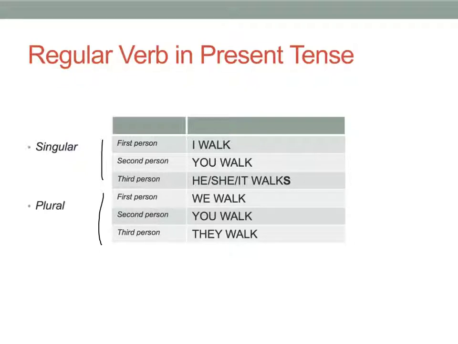Notice that with this regular verb to walk, it's only in the third person of the singular that the verb ending changes. So third person singular regular verbs, you add an S. That's odd. You would expect the S to go with a plural subject, but that's not the case. Notice in the plural forms of the verb, it doesn't change at all. We walk, you walk, they walk.